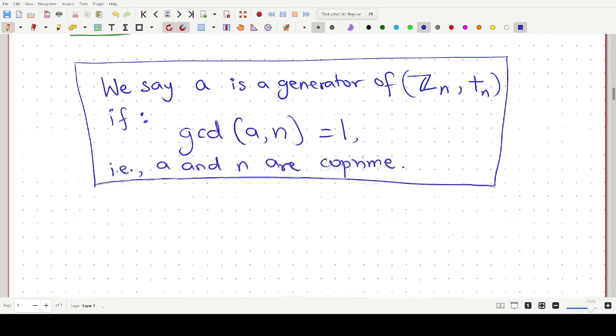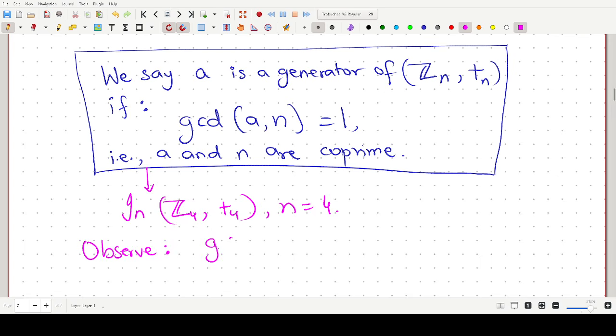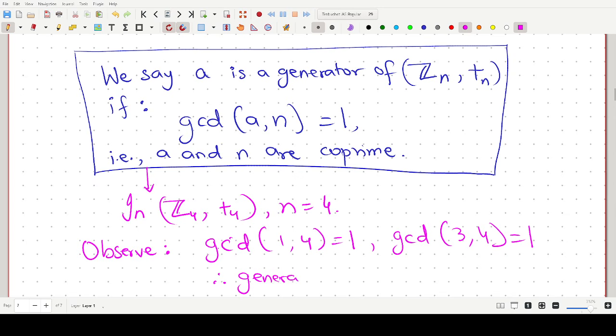Now, can we use this theorem to find out the generators of Z4? So in Z4, comma, plus 4, we have N equal to 4. Now, we observe the following. GCD of 1 and 4 is equal to 1, and GCD of 3 and 4 is equal to 1 also. Therefore, generators are equal to 1 and 3.